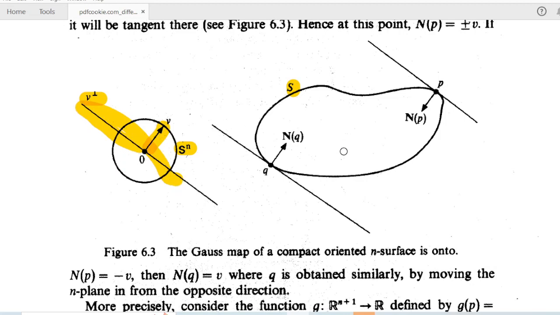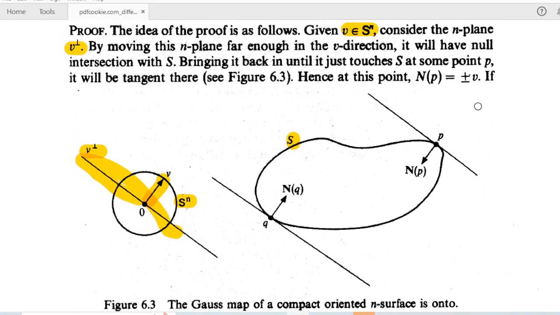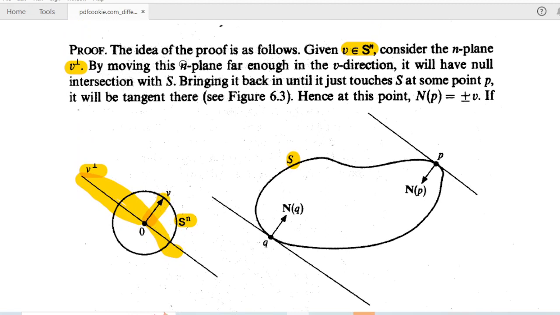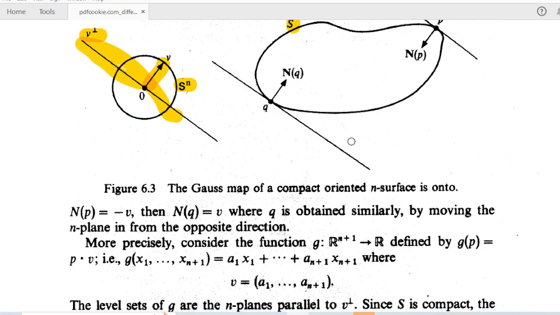Now, by moving this n-plane far enough in the v direction, as in the figure we can see that if we consider this normal vector at the point p, then it will be inward normal vector, or it will be in this direction.